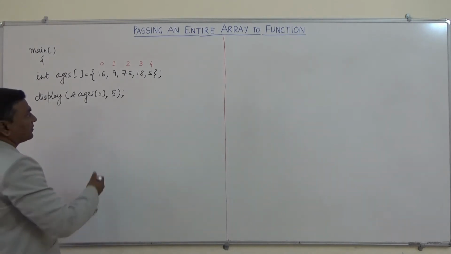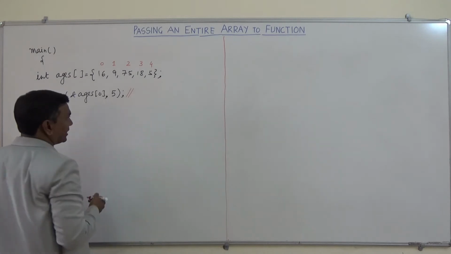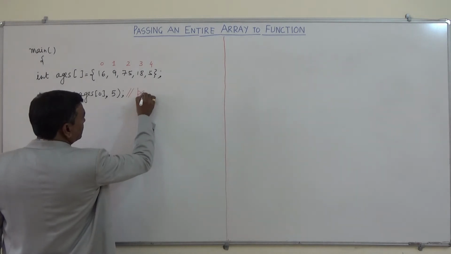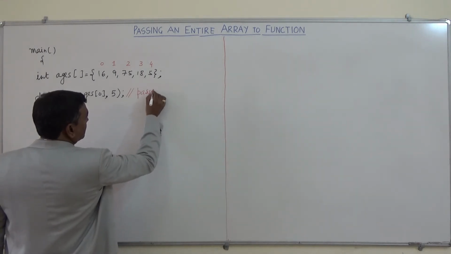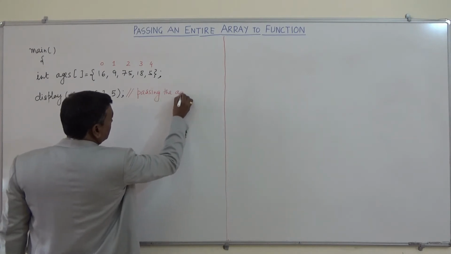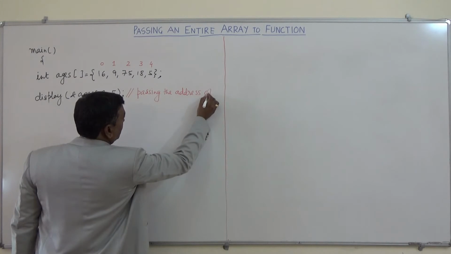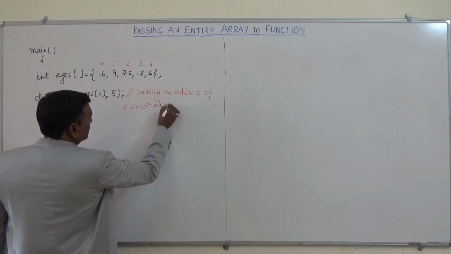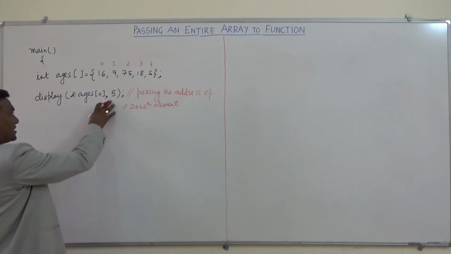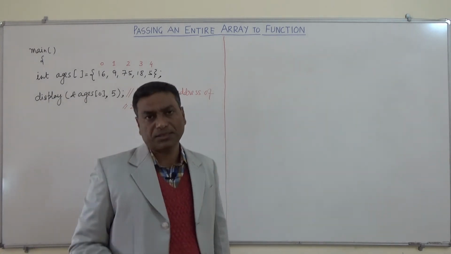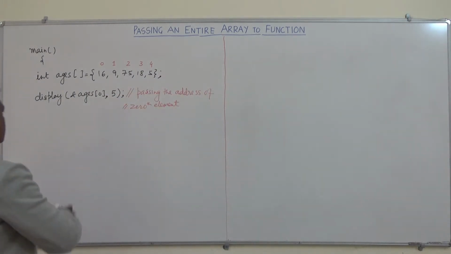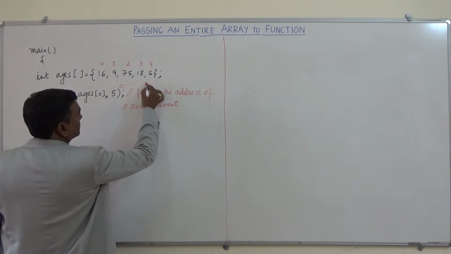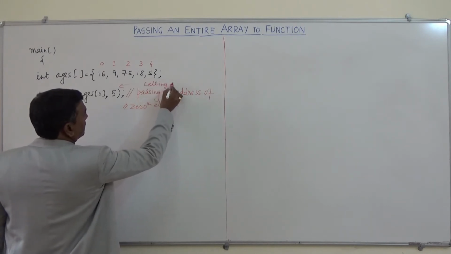This is the calling function where we are passing the address of 0th element, and also the total number of elements, that is 5.